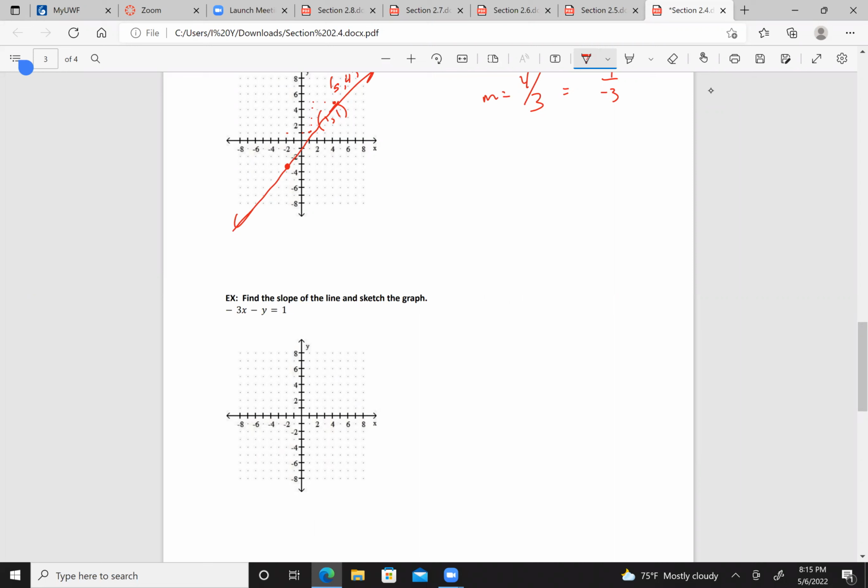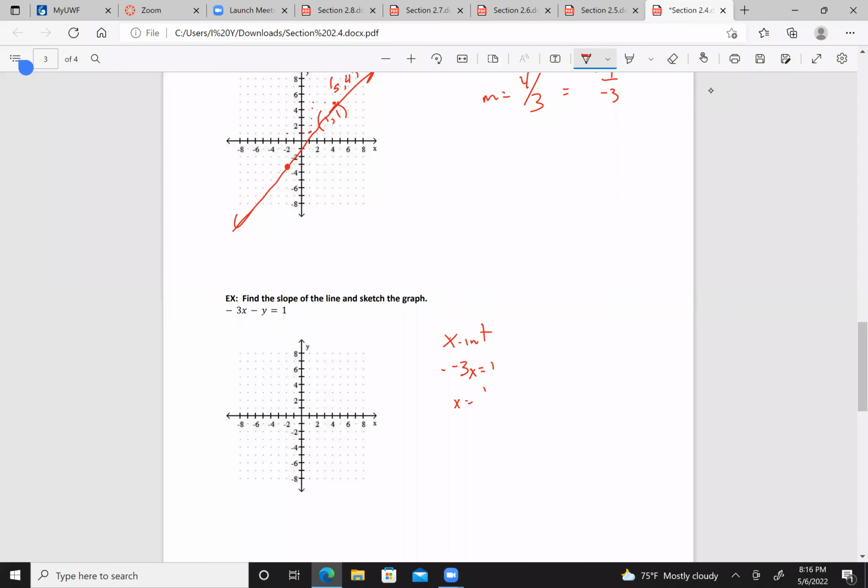Find the slope of the line and sketch the graph. Okay, so what can we do? Well, we can find the x-intercept by setting y equals 0, so -3x equals 1.